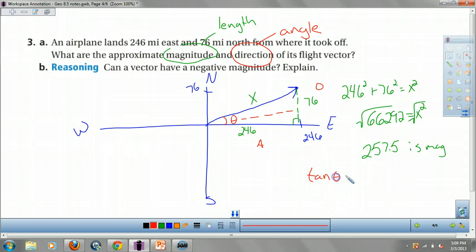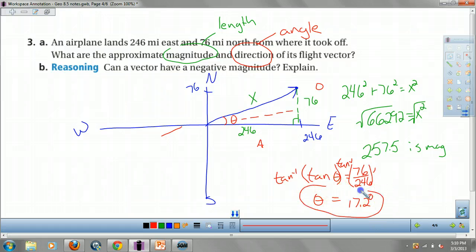Tan of theta equals my opposite over my adjacent, right? Now, do you guys remember how to get rid of tan? That's right, tan inverse both sides. And that'll give us our theta, which is 17.2 degrees. Okay, and that's it. That's our direction and our magnitude. And by the way, I better label this. That's miles. Nice one.